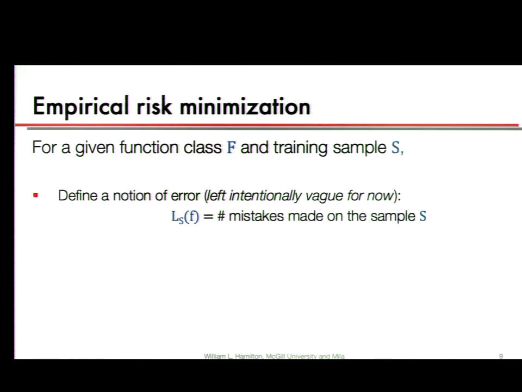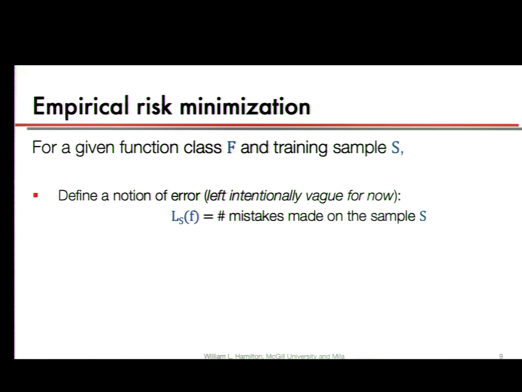Given this assumption, what we're going to do formally is what's called empirical risk minimization. The idea is that given some function class, and I'll describe concretely a function class in just a second, we're going to try to find the best function in this class that fits our data. How we do this is we define some notion of error.